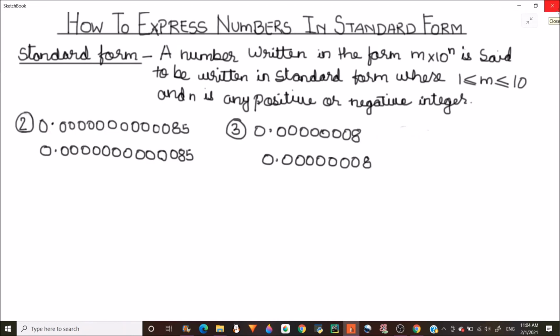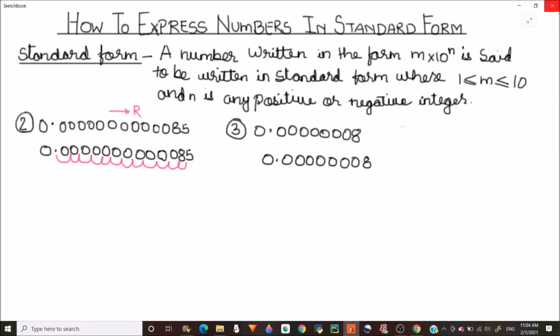In our second example, we have a number which is very small and we need to write it in standard form. For this, we have to move the decimal to the right. So let's count the number of decimal places: 1, 2, 3, 4, 5, 6, 7, 8, 9, 10, 11, 12.